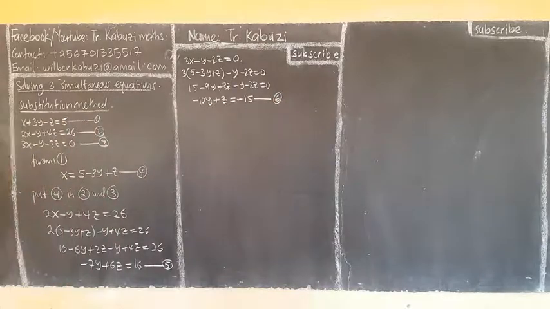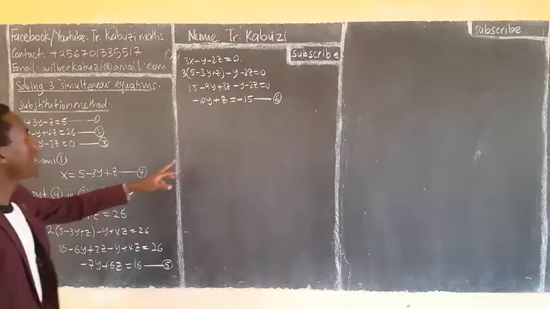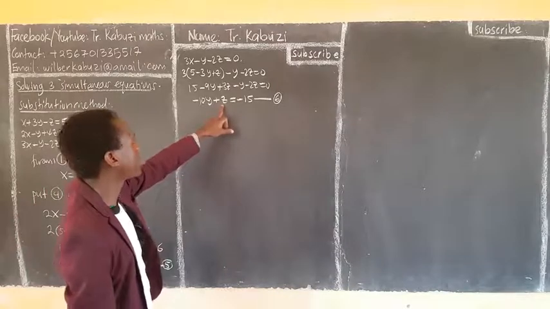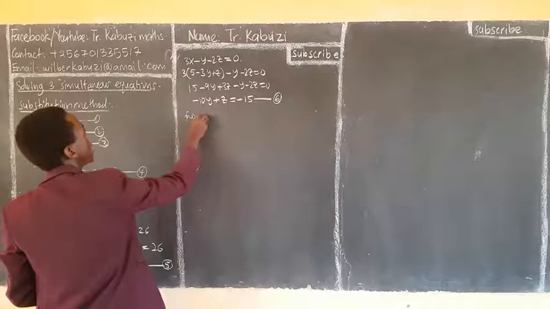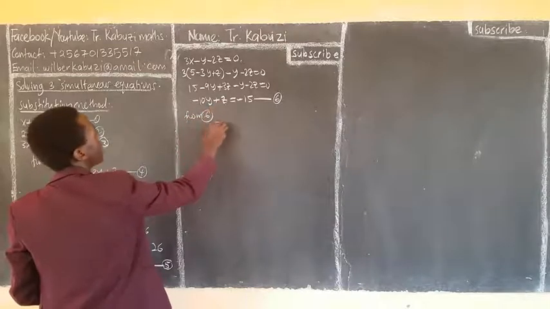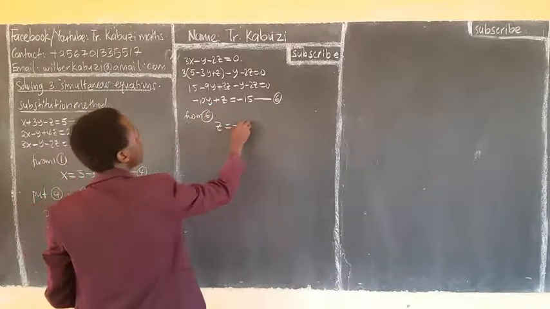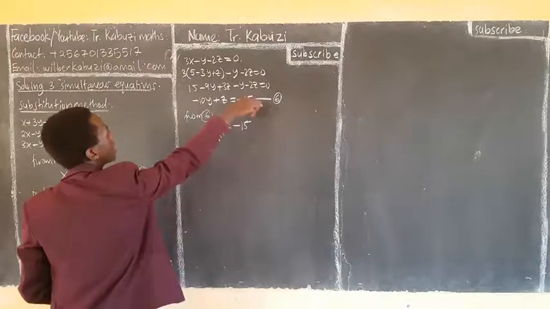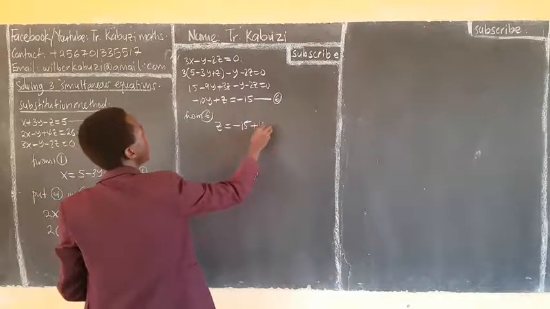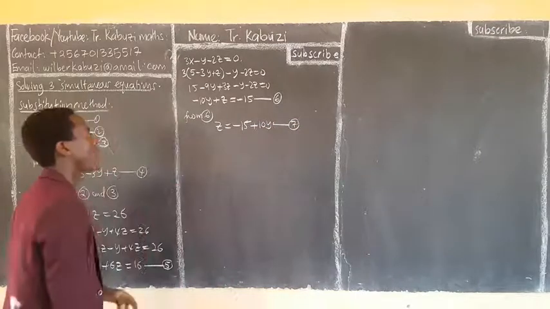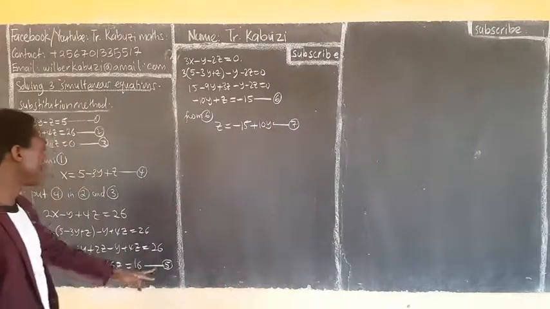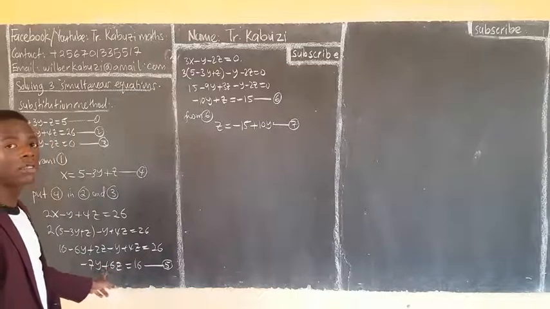Now, still we can substitute. You see, here I can easily make z the subject. If I make z the subject, from 6, z will be now -15. The subject, when I take this beside, plus 10y. I call this one equation 7. Now, I put 7 in 5, because this one has 2 unknowns.